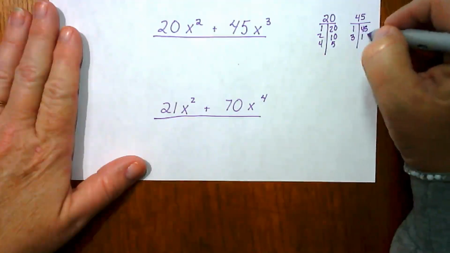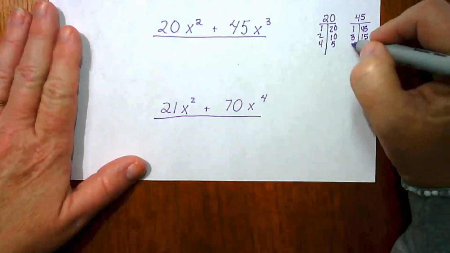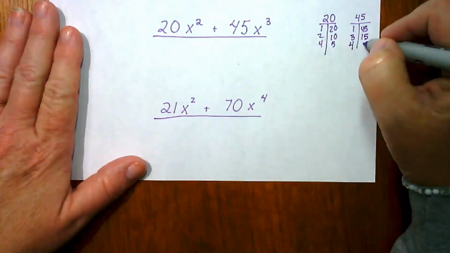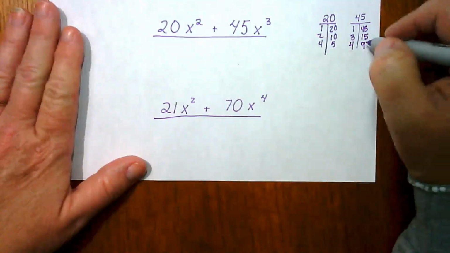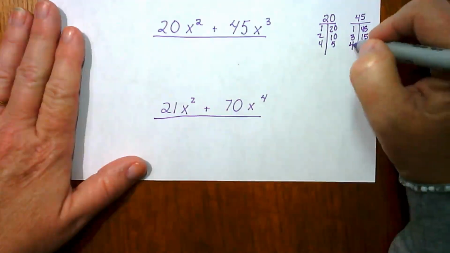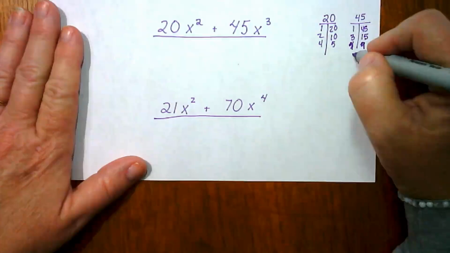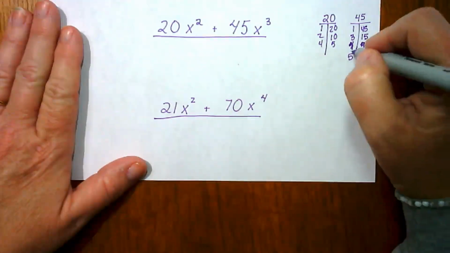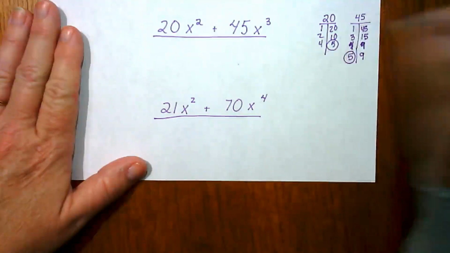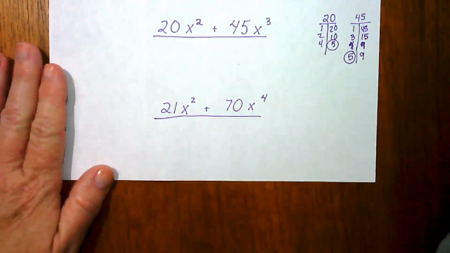That would be 15. 4 times 9, nope, there's no 4. It's 5. 5 times 9 is 45. Okay, so there's a 5 and there's a 5. So now I've found my greatest common factor.